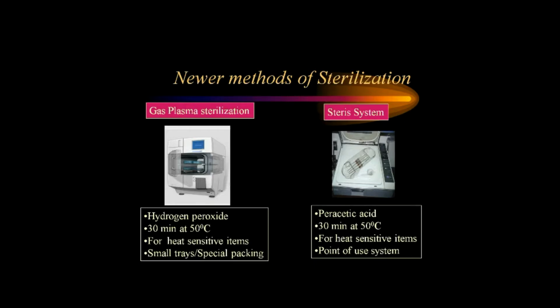But it is quite a useful asset for any very busy laparoscopic unit. The other system, of course, is the Steris system, wherein peracetic acid is used for 30 minutes at 50 degrees centigrade, and the only disadvantage being it is a point of use system. We have to take it and use it the same day, within a few hours.